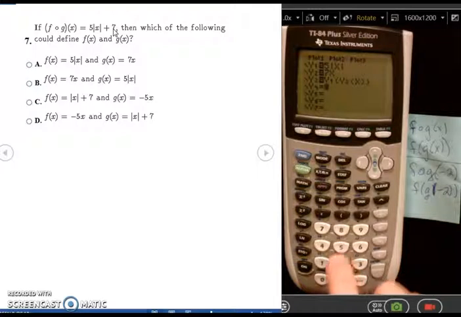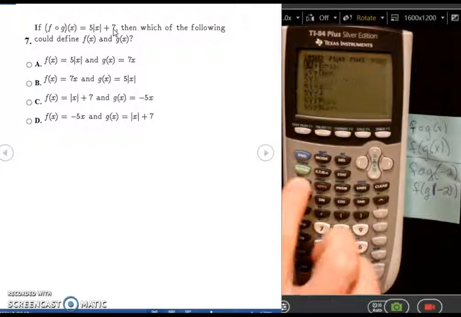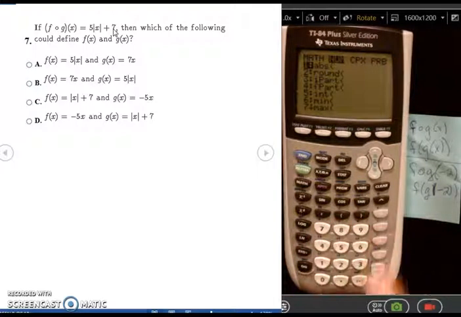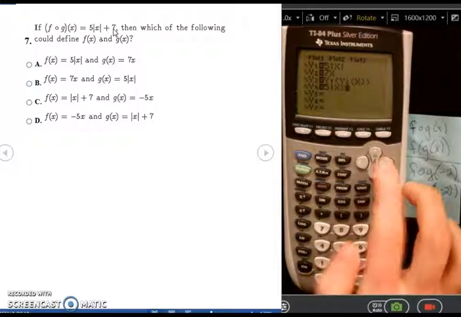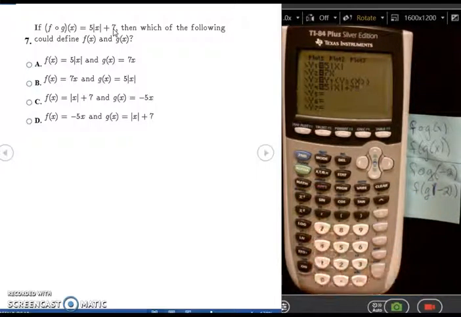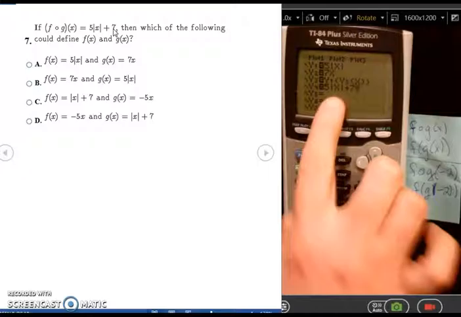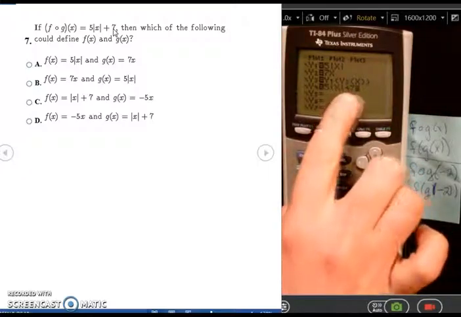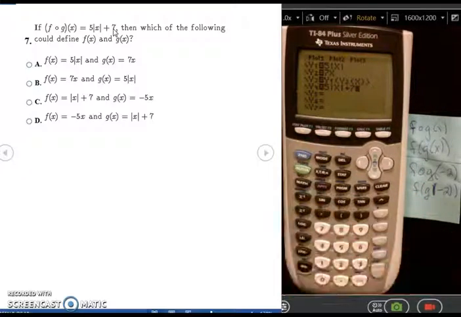So I'm going to type that in, 5, and then get absolute value, I press math, scroll over to num, and then that first choice, and there I need an x plus 7. I made sure to scroll out of the absolute value before I press the plus 7 so that only x would be in the absolute value.